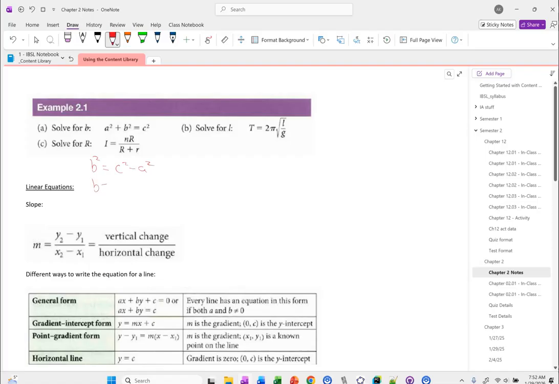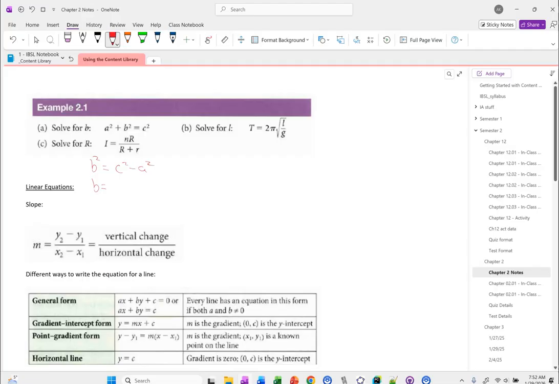Okay. And then what does that give us? What do I get? I heard some mumbling, but it wasn't clear. So Nicole said to square root both sides, which is great. So then b equals what?